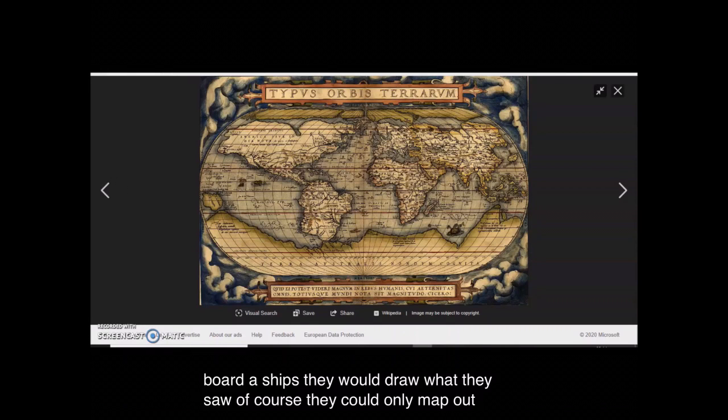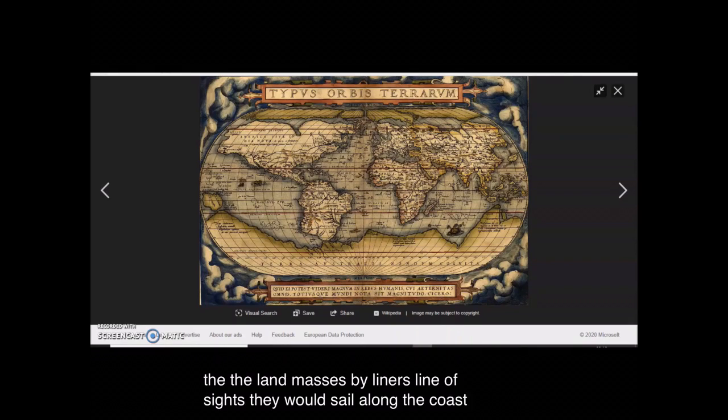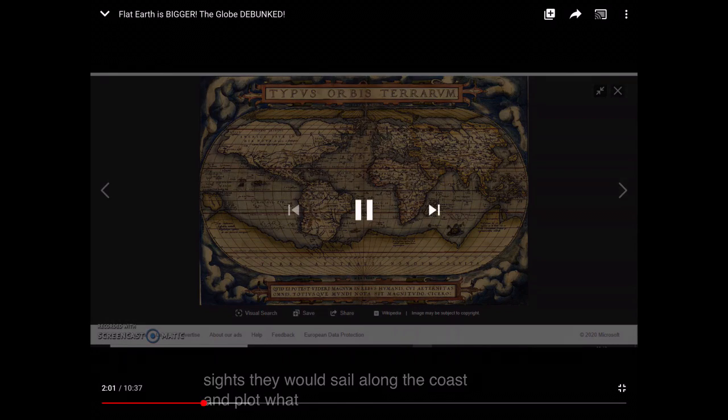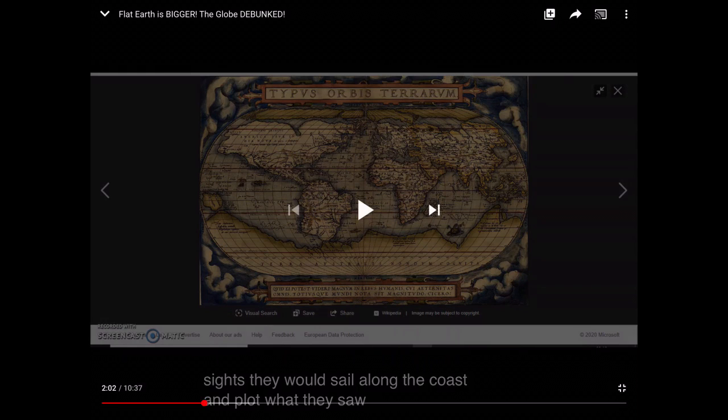Map out the land masses by line of sight. They would sail along the coast and plot what they saw. Yeah, they plot what they saw. That's accurate. Some of them explored the land, but mostly plotted what they saw. Few dared to explore the land. Some did explore the land, such as Christopher Columbus and many other explorers that it would take me forever to list.